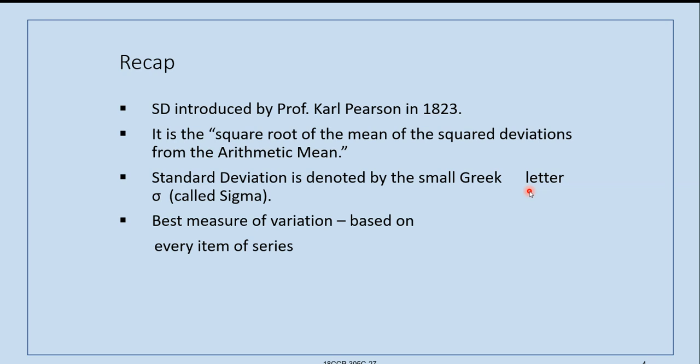And coefficient of quartile deviation is also taken for Q3 and Q1 only. There we are ignoring the first 25% and last 25% of the data. That is, we are taking only 50% of the data. So that is the main drawback in quartile deviation.